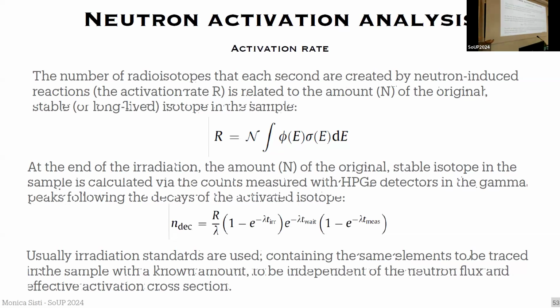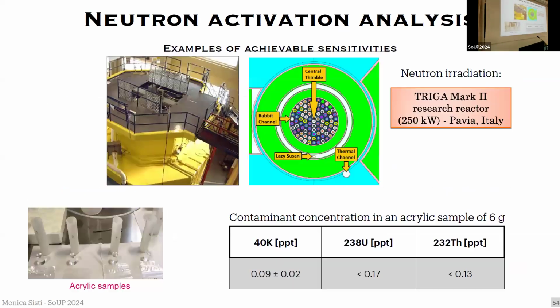Of course, you need to know the flux of the neutrons and the cross section, which are not usually known very precisely. So usually for neutron activation, you irradiate together with the sample some standards containing the same nuclides you're looking for, and from those standards you get these numbers for every irradiation campaign.